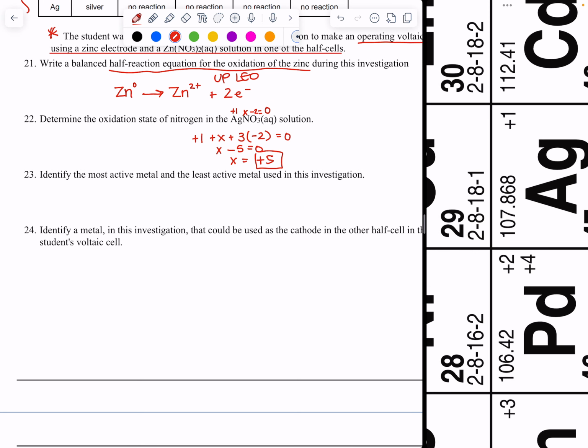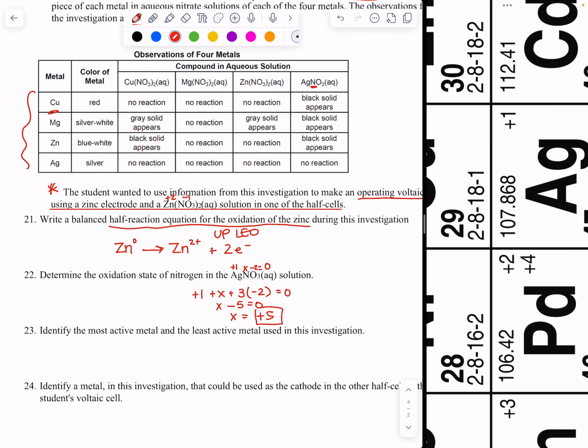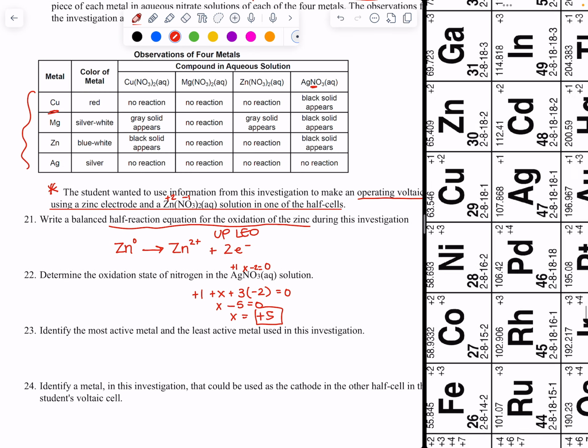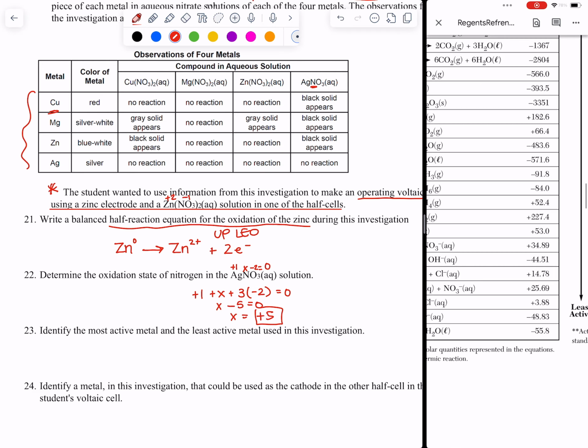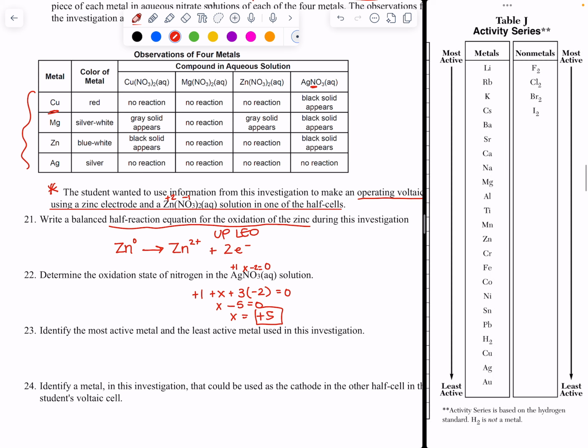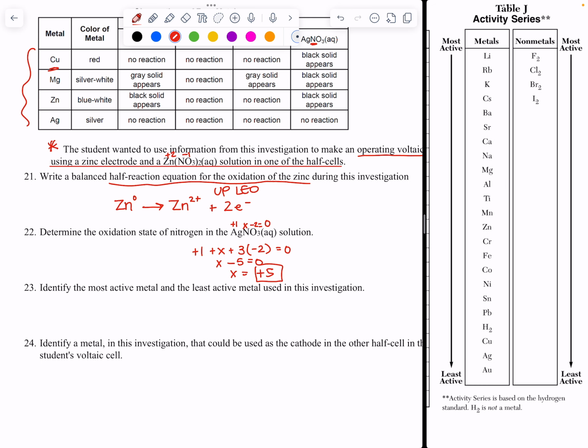23, identify the most active metal and the least active metal used in this investigation. You can get this from the observations, or from just using table J. Let's use table J. Whenever we're talking about active, we go look at table J. We want the most active metal and the least.